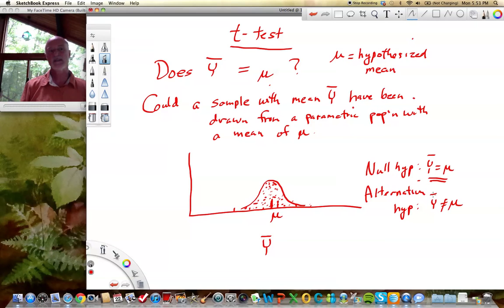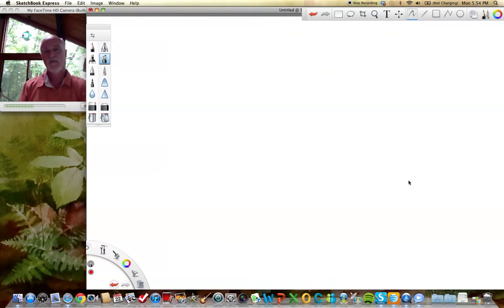In other words, our type 1 error probability, or the p-value, which is the chance that we are wrong in saying there's a difference, in accepting the alternative hypothesis and rejecting the null. We want to find that p-value, which tells us the chance that we are wrong in rejecting the null and accepting the alternative. Okay, so that is where we're going with this.